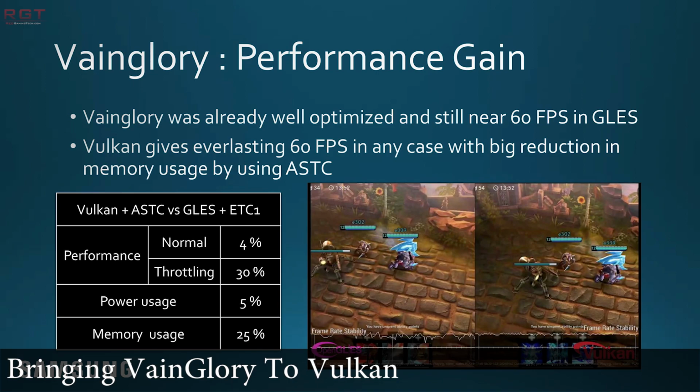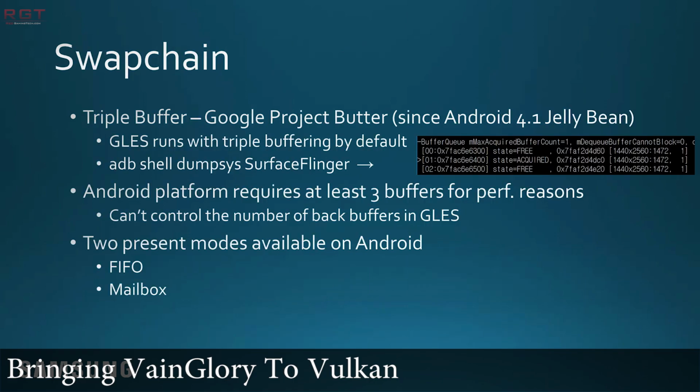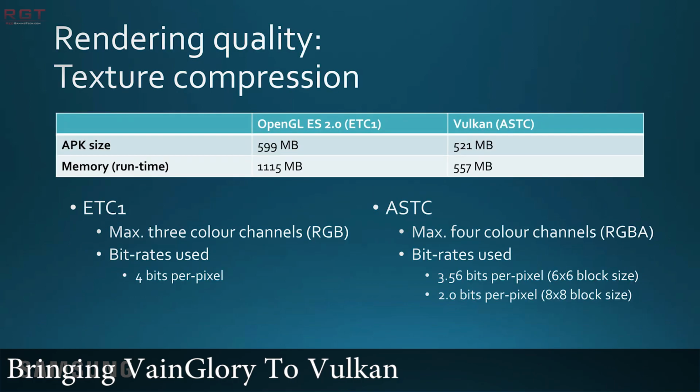On top of that, the actual file size, that would be the APK, as well as the memory footprint, got drastically reduced. One of the reasons they cite is that ETC only stores 3 color channels, that's RGB, obviously, so they required an additional texture on top of that. But ASTC, which is for Vulkan, stores alpha as well.